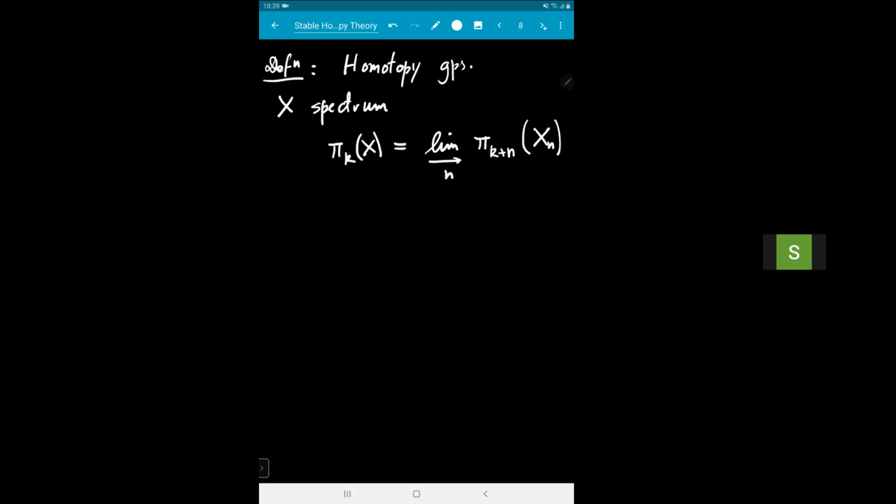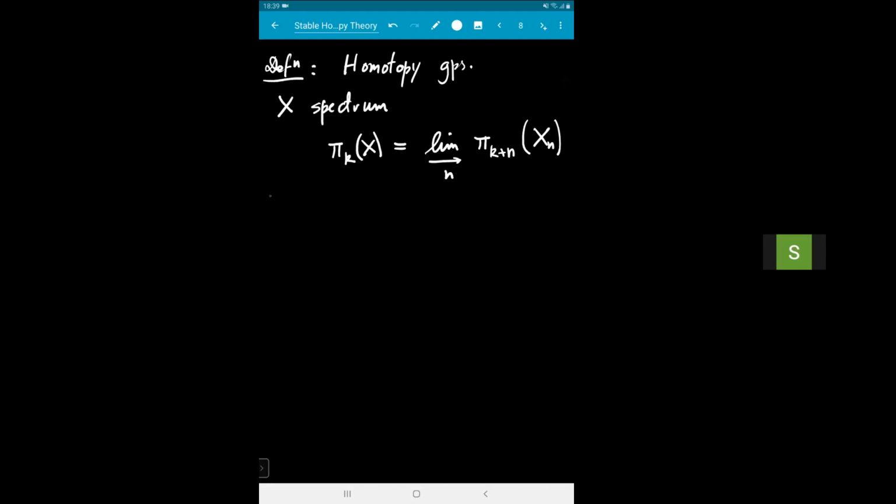You see, in the case of the suspension spectrum, this is exactly the definition of stable homotopy groups. I'll leave it to you to figure out the maps in the direct limit. It's exactly the same way. You have to do the suspension and then apply the structure map.